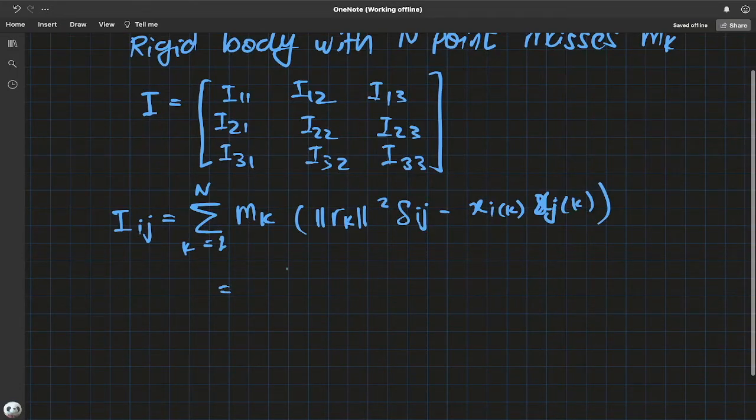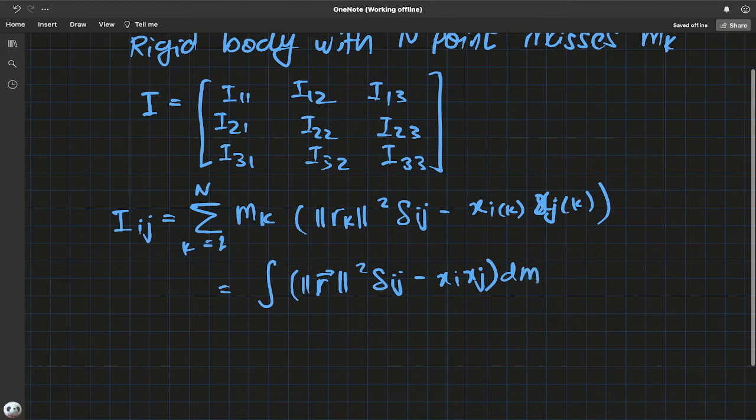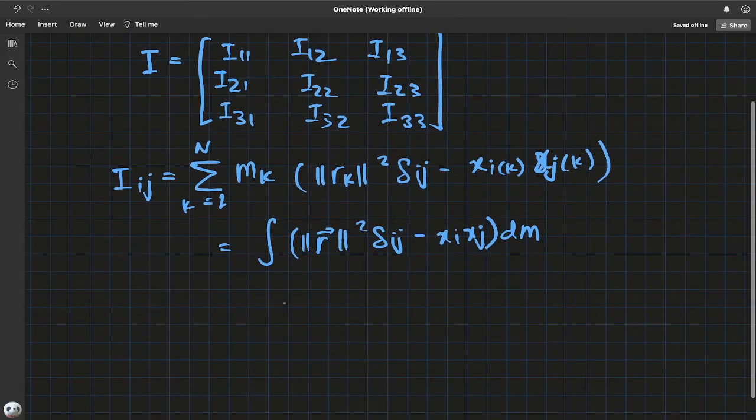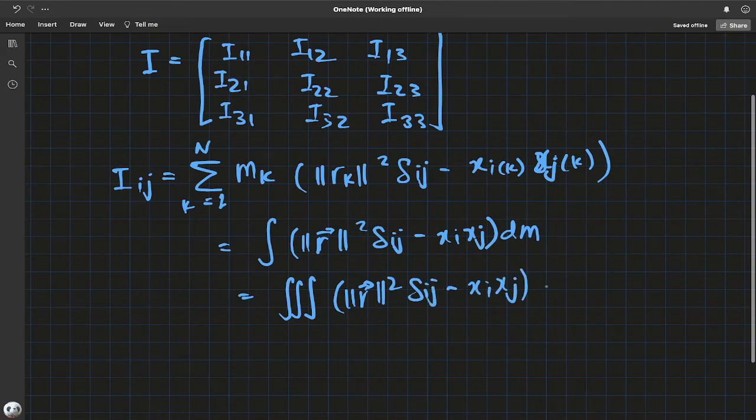And for a continuous distribution, we can have something like this: magnitude of r squared Kronecker delta ij minus xi xj dm, the differential mass element, because mass is now continuous, which we can also convert to a triple integral of the expression minus xi xj, the density function, and a differential volume element.